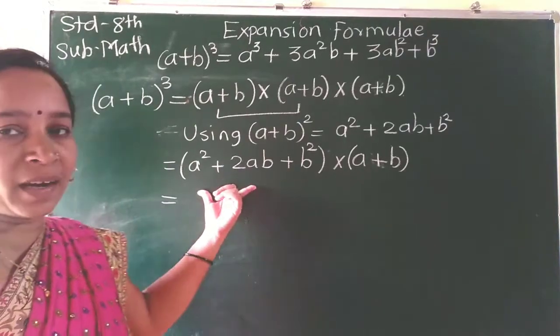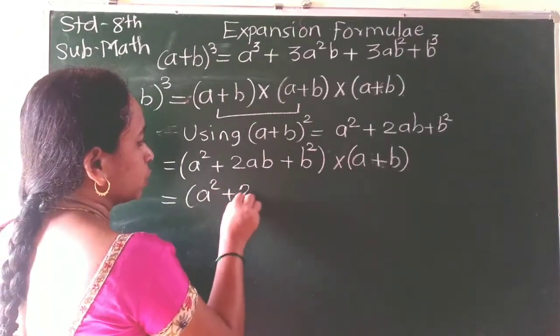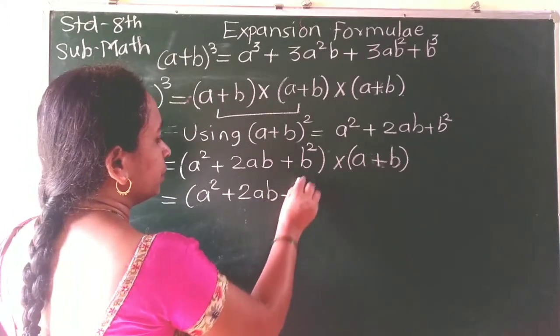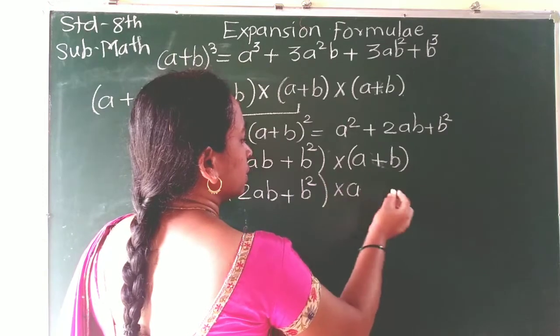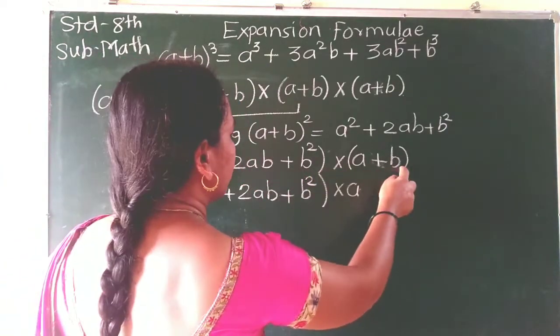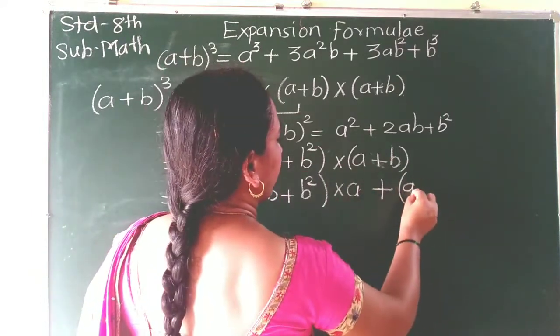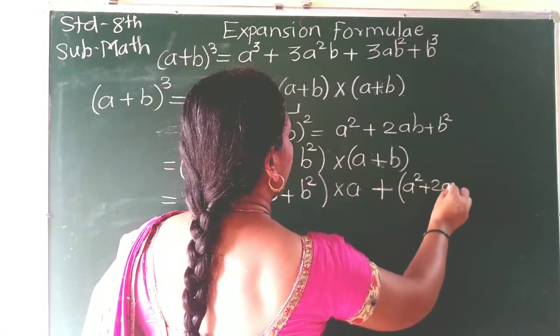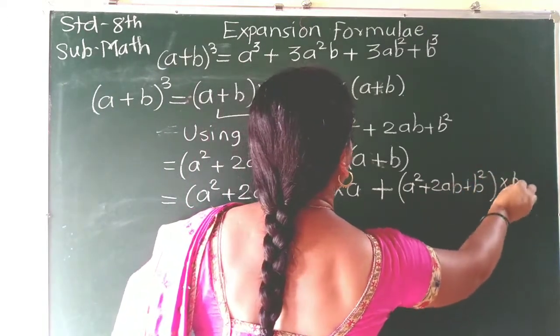So the complete bracket I will multiply by a: (a square plus 2ab plus b square) into a. In the same way, I am going to multiply this bracket again by b: plus (a square plus 2ab plus b square) into b.